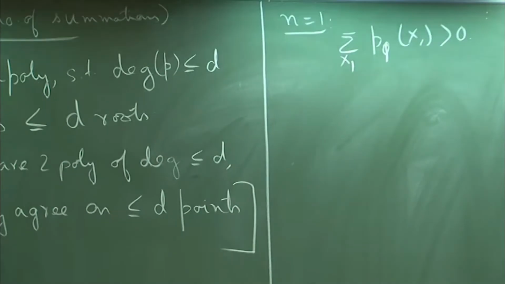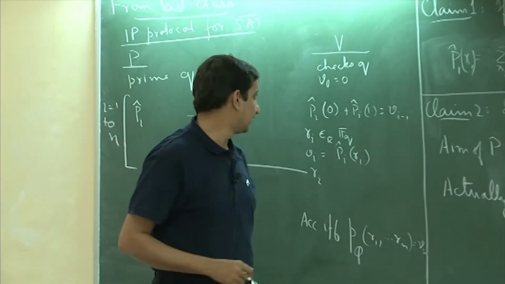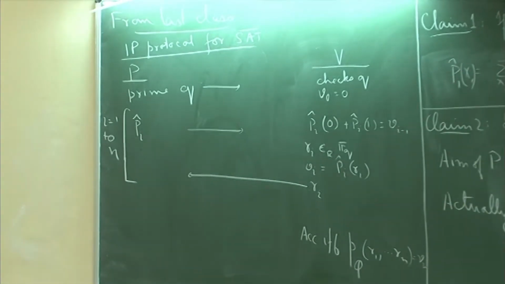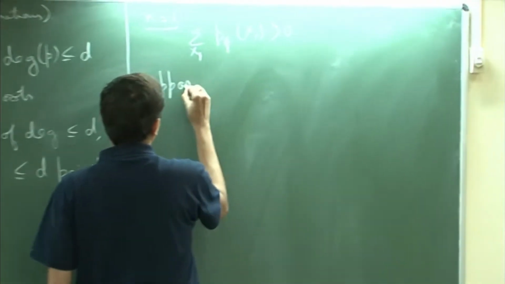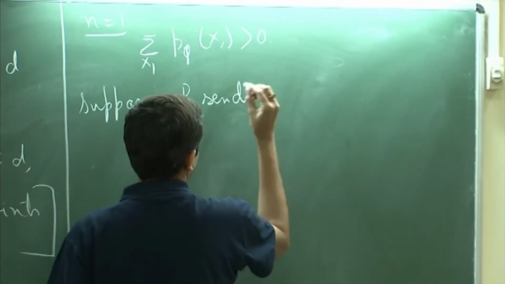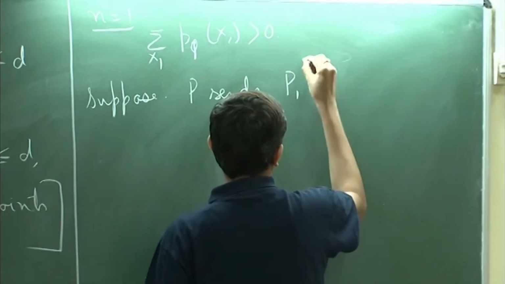Now the prover sends the polynomial p1 hat. No, let us write it this way. Suppose P sends a polynomial p1 prime.